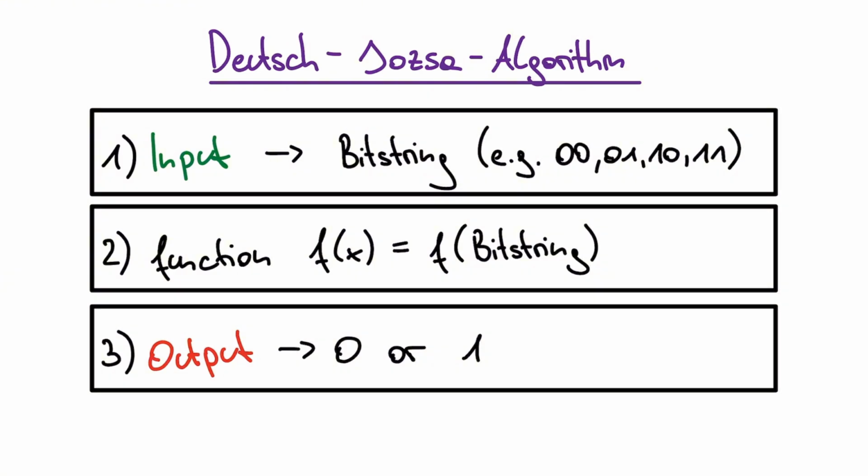You give it an input, and it returns either 0 or 1. Nothing else. These are the only two possible outputs. So again, to summarize, the input is a bit string, a combination of zeros and ones. The function does something unknown to us with this input, and the output is always either 0 or 1. Only those two values are allowed.